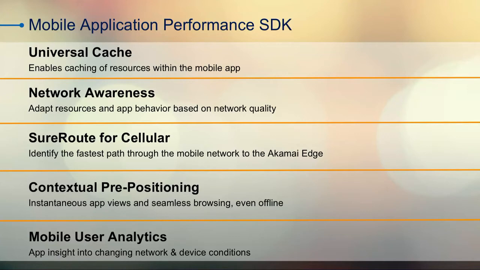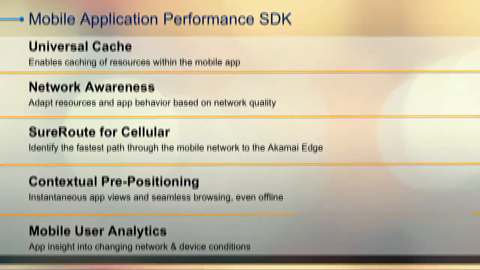Then we've also introduced something called SureRoute for cellular, which is essentially picking the right ISP. We'll talk a little bit about that. And then you can pre-position content. You've heard this on the main stage as well, and I'll get into a little bit of detail over there as well. And then, of course, you need analytics, so we've given you some custom events also that you can use. Let's get into it.